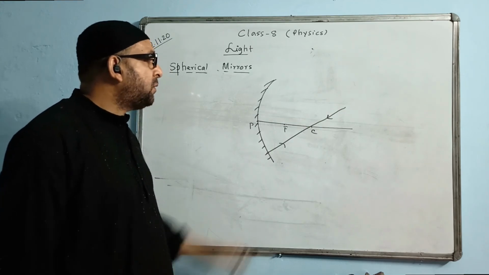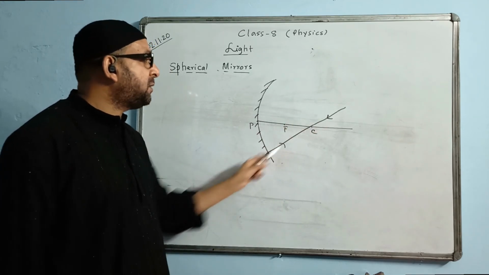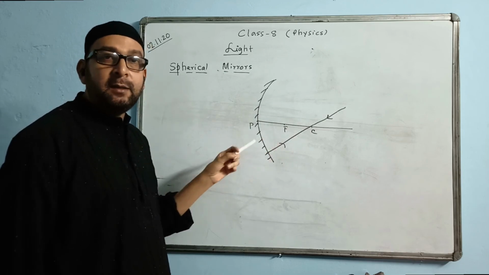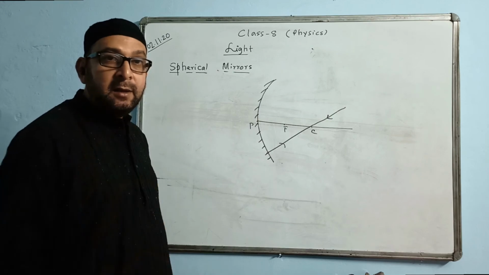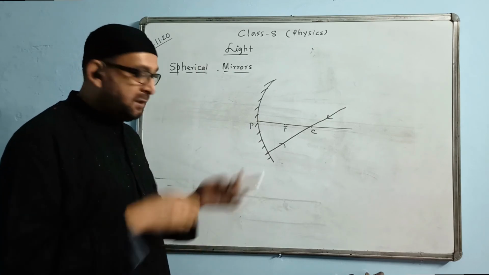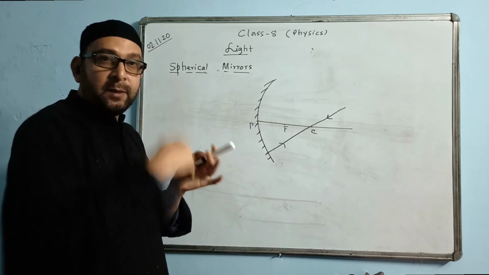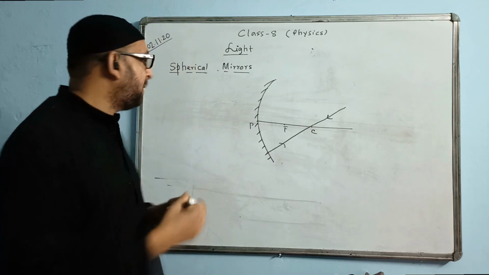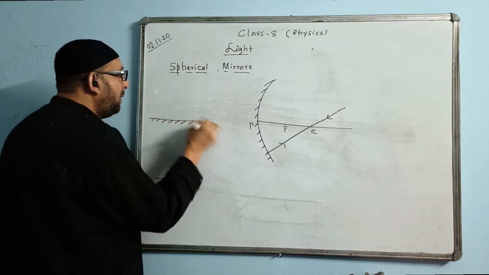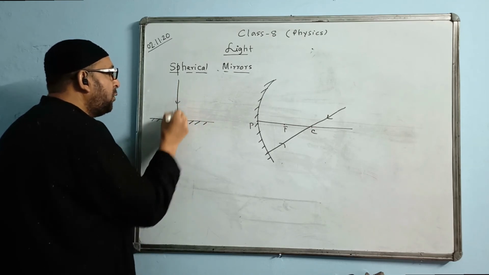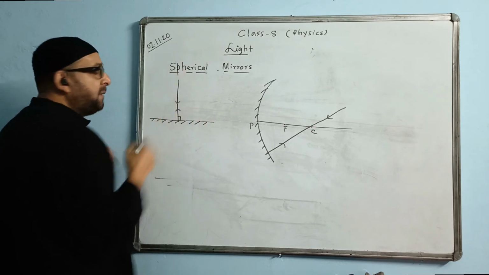Why does it happen? Because when the incident ray passes through C and strikes a spherical surface, it will be normally incident. When an incident ray strikes the surface normally, it returns back along the same path. It is like this: we have a mirror like this, and if a ray comes normally, it will return in the same direction.